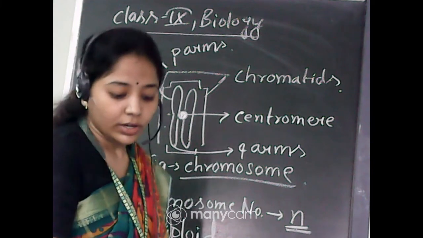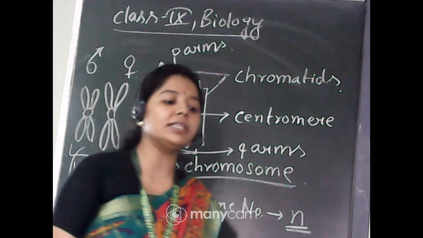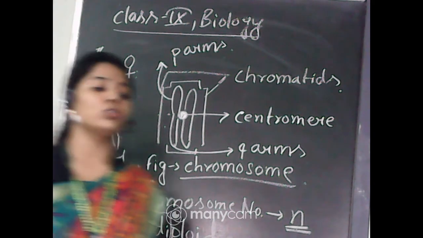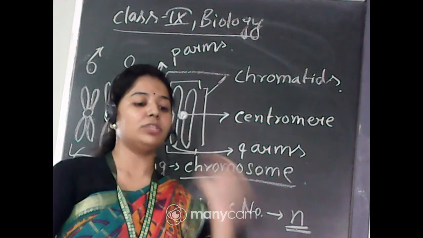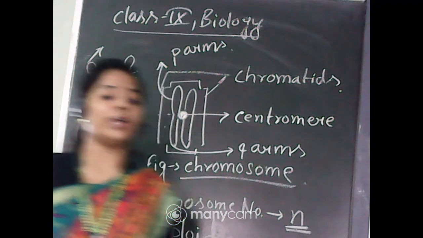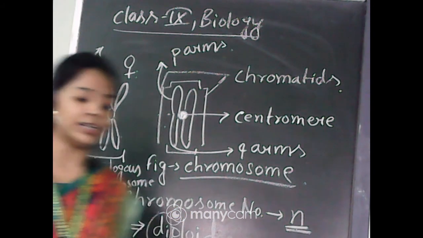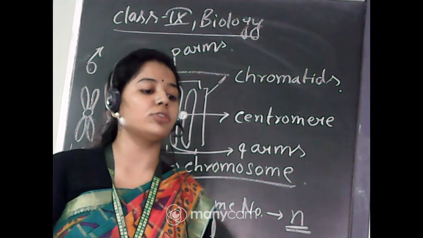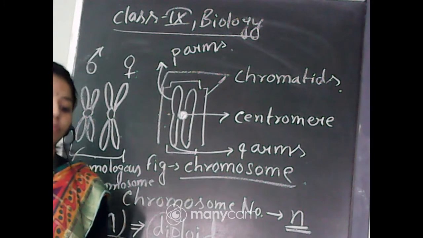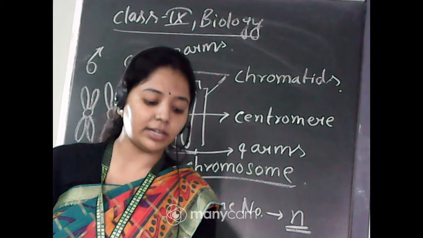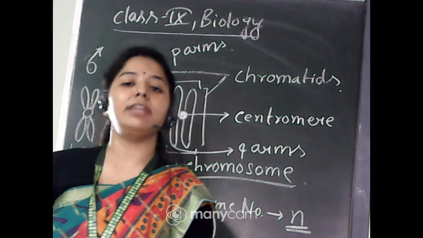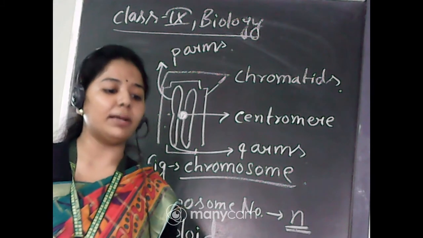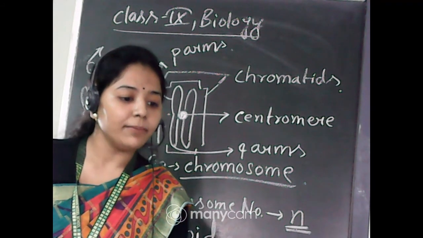So in human beings there are 23 pairs of chromosomes, which means 46 chromosomes in total. In the pea plant there are 14 chromosomes, or 7 pairs. In dogs there are 39 pairs, which means 78 chromosomes. So different species have different numbers of chromosomes.